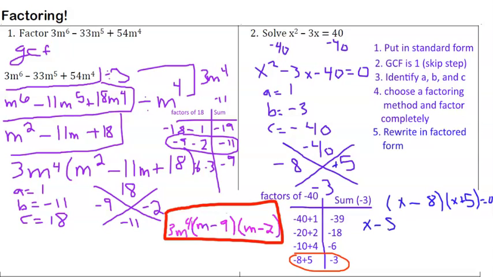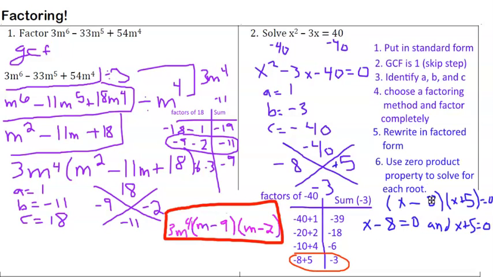X minus 8 equals 0, and x plus 5 equals 0. Okay, so from there you can solve for x for both. Add 8. We have x equals 8, and subtract 5, and x equals -5.